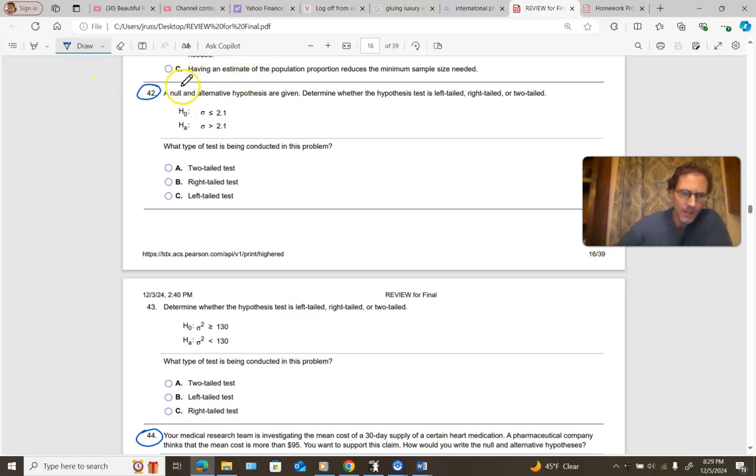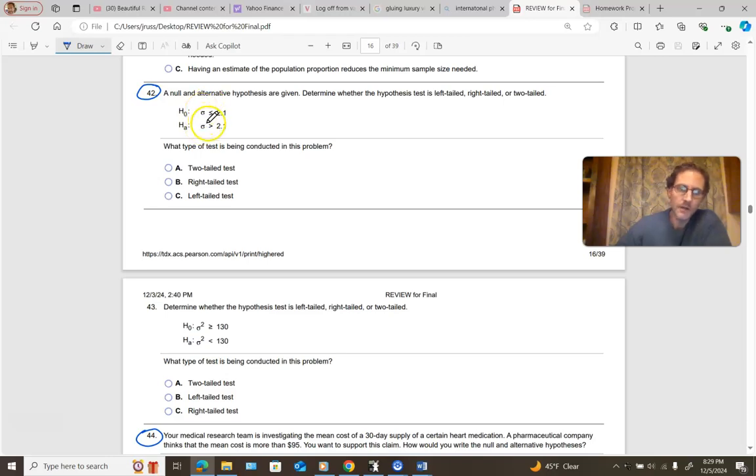It says a null and alternative hypothesis are given, so it's right here. Determine whether the hypothesis test would be left-tailed, right-tailed, or two-tailed. Interestingly, here though, guys, the hypothesis test is not concerning the mean or the average. It's actually concerning the standard deviation, which is interesting.